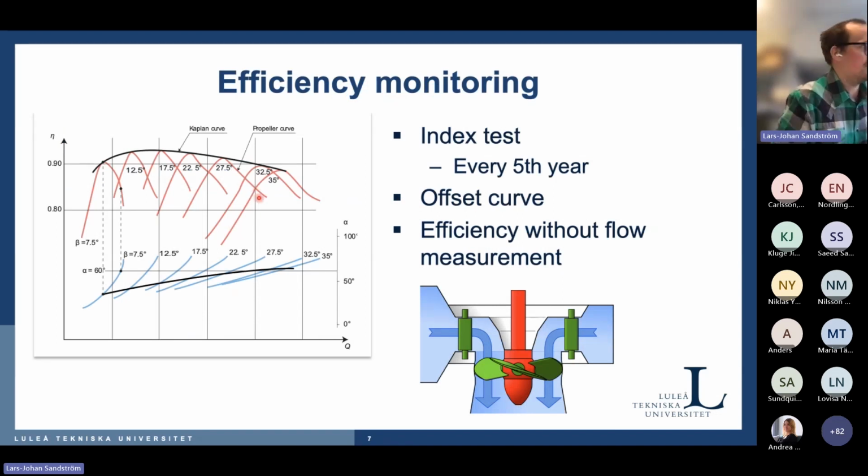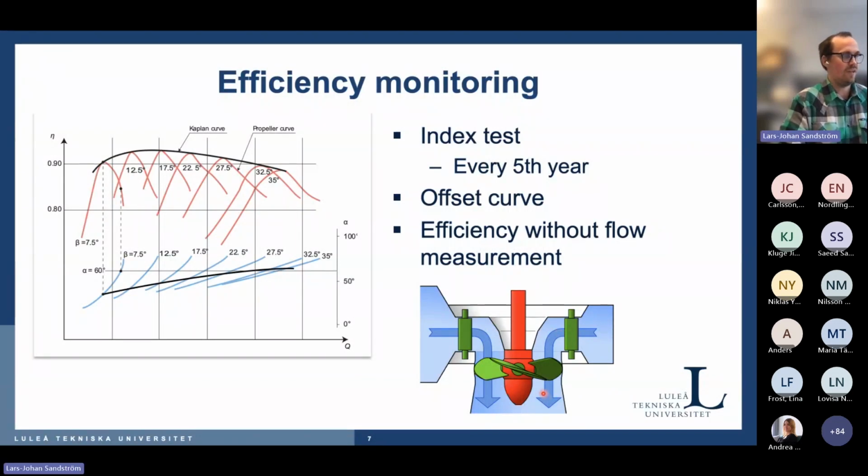So I thought I'd start with efficiency monitoring. To achieve this good efficiency that we have in the Kaplan turbine, it's recommended that every 5th year or so we make this index performance test, where we basically set the runner blades and guide vane angles in proper positions to achieve a good efficiency.